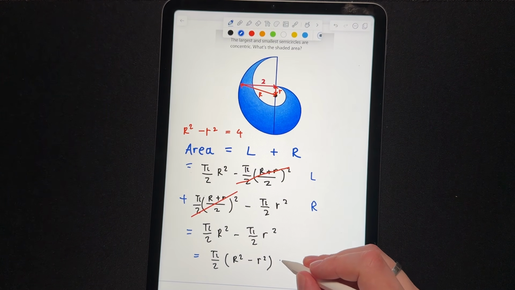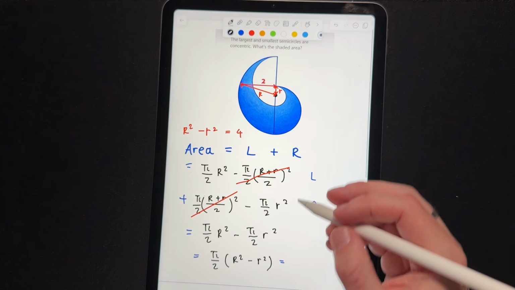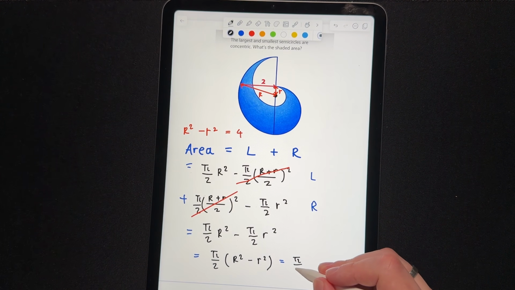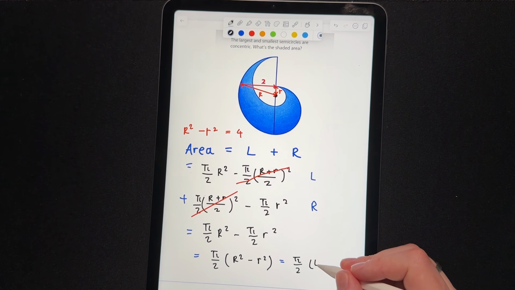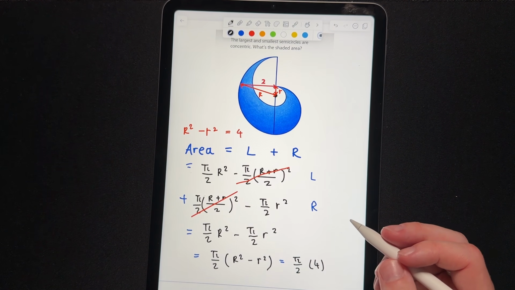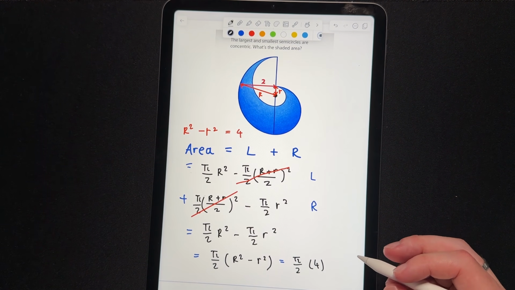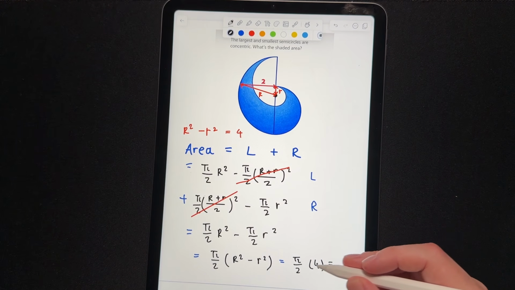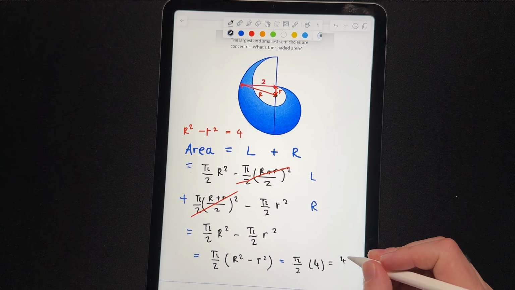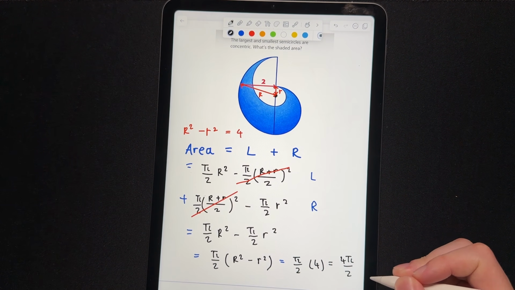So that is going to be equal to pi over 2 times 4. And now this is nice and easy. This is just 4 pi over 2.